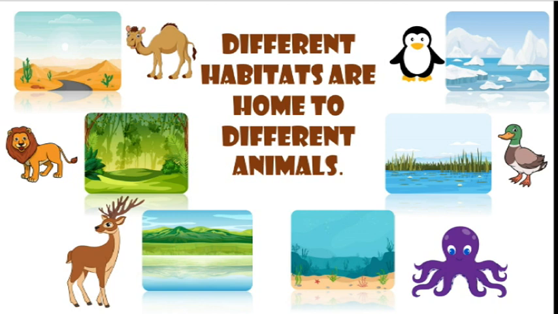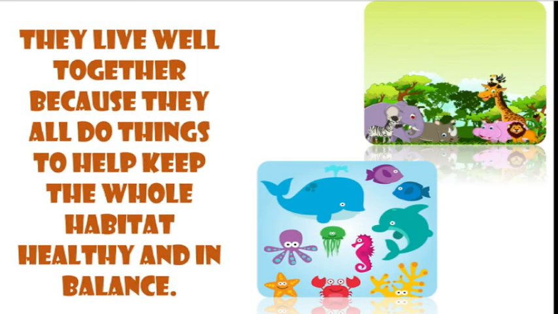A deer lives on a mountain slope, and the last one is the octopus. Students, do you know where the octopus lives? Yes, it's the ocean. Like this, there are some other animals that live in different habitats. All the animals live together because they all do things to help keep the whole habitat healthy and in balance.